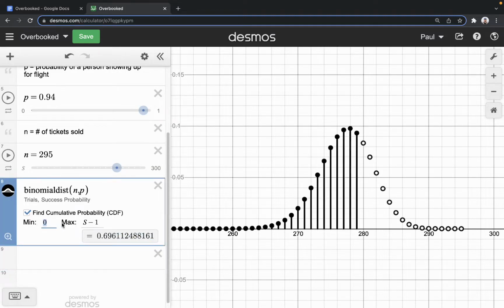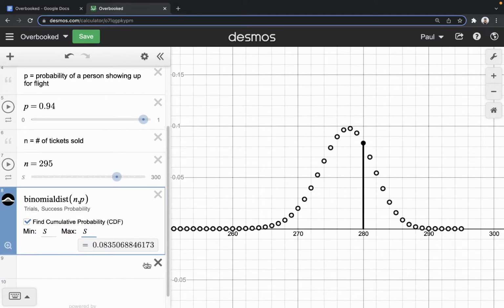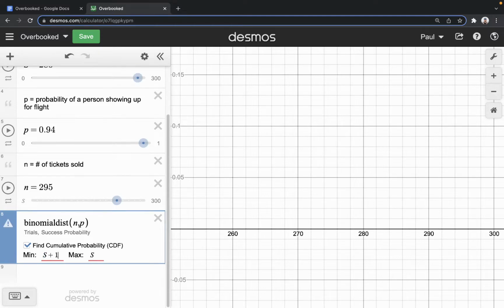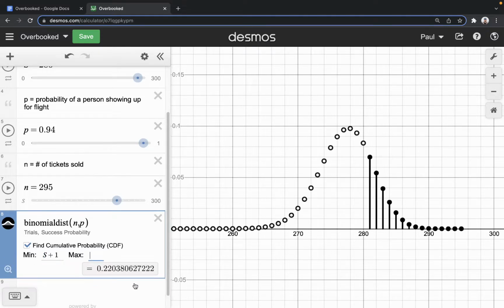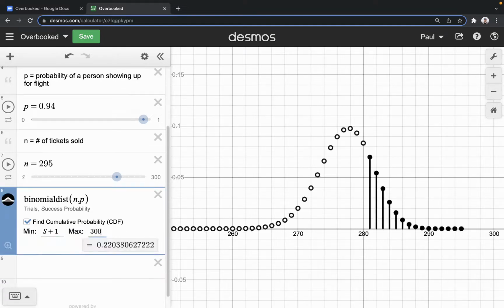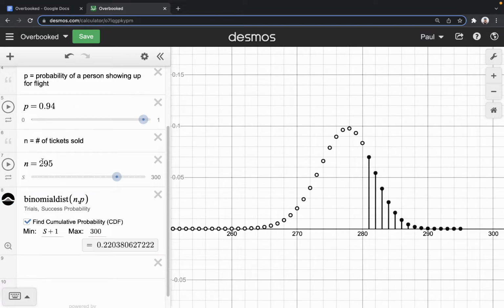The probability of a full plane is just looking at that one S outcome. That's 8.4%. And then if we go from S plus 1 and up, so you can leave max empty, or you could say 300, something like that, just beyond the capacity or beyond the number of tickets sold, that is a 22% chance.